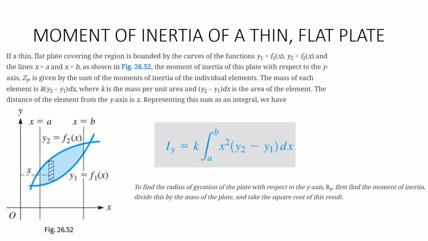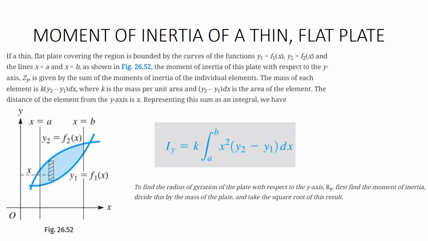And the distance from the axis we're going to spin this propeller around, which is the y-axis, is that dotted line x. So x squared times the area, all multiplied by k, and I can pull the k out because it's a constant, which is the mass per unit area. So that's how I would find the moment of inertia for some sort of irregularly shaped object that I could write formulas for.